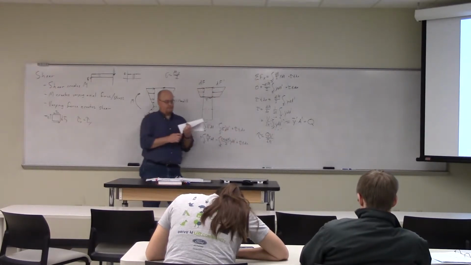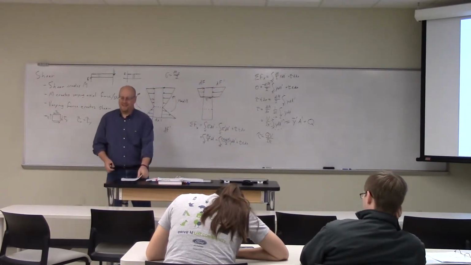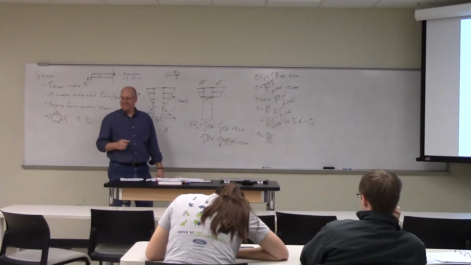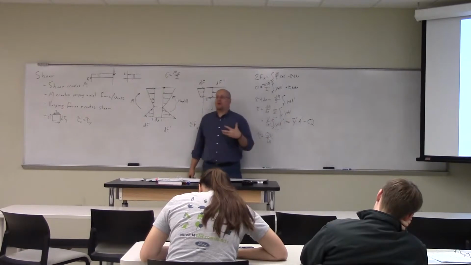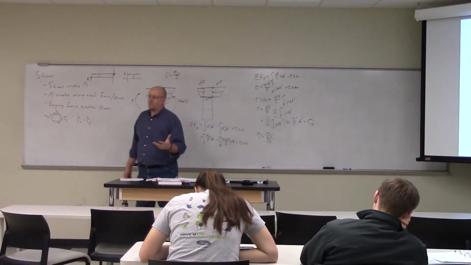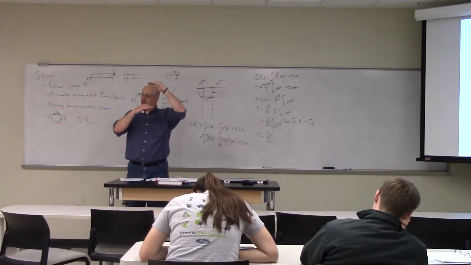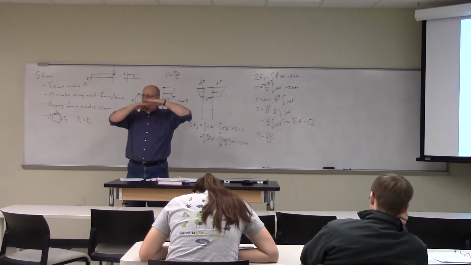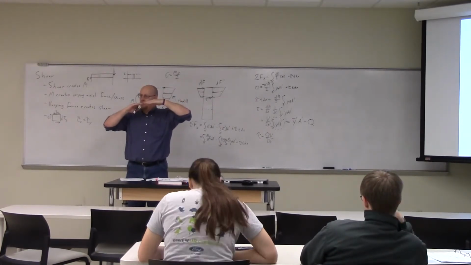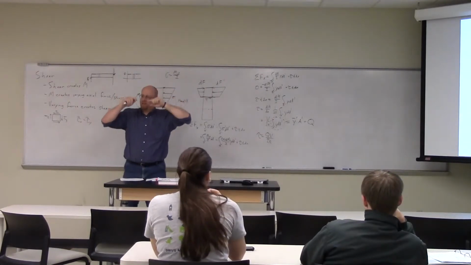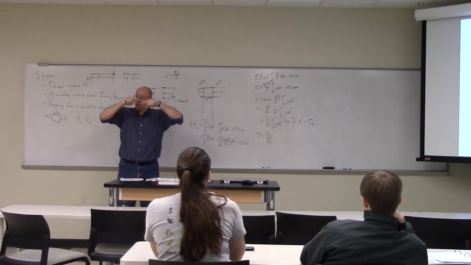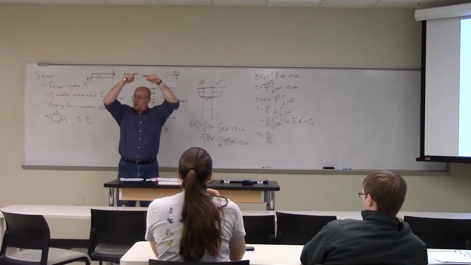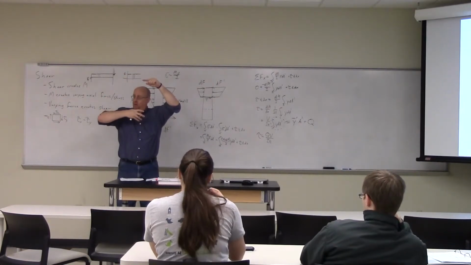Can you describe Q? I know you just did, but do it again. Okay. So Q is a characteristic of the portion of the cross-section above the point where I'm trying to measure the shear stress. If I want the shear stress distribution, I have to calculate the shear stress here using one Q. I calculate the shear stress at this point using a different Q. Q changes as I move to a different height on the cross-section.